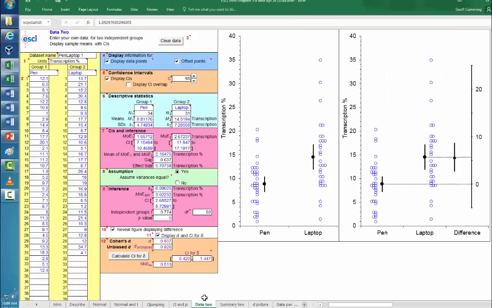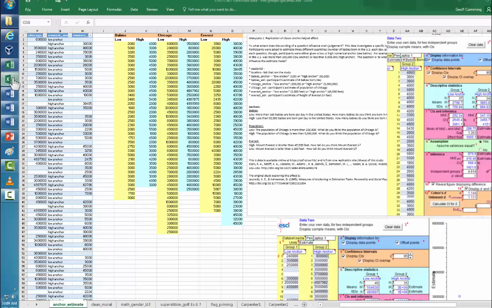Now back to Data 2, I'm going to copy in the data to do exercise 3 of the end of chapter exercises in chapter 7. So first I'll clear the data here, clear all data, go to the file for these end of chapter exercises.